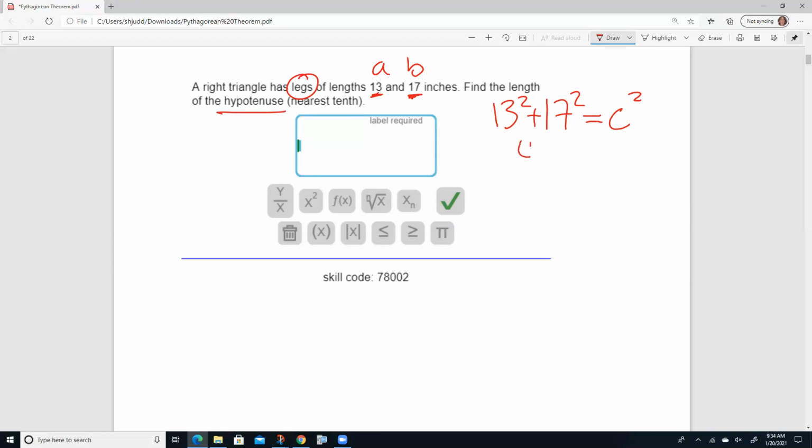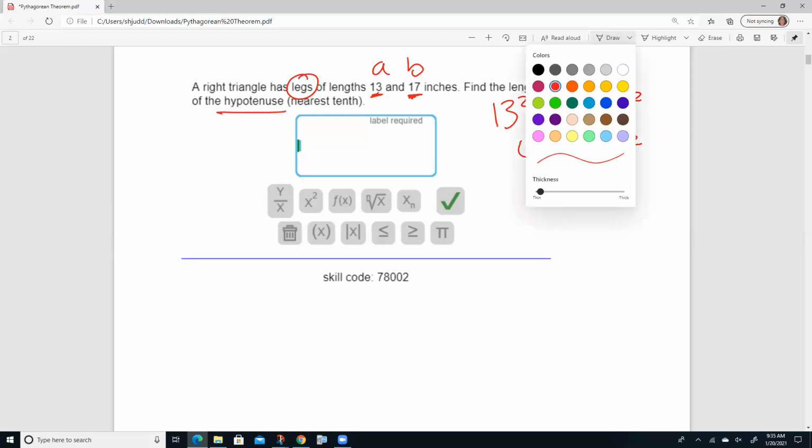And that's going to give me 458 equals C squared. Then all I need to do is take the square root.